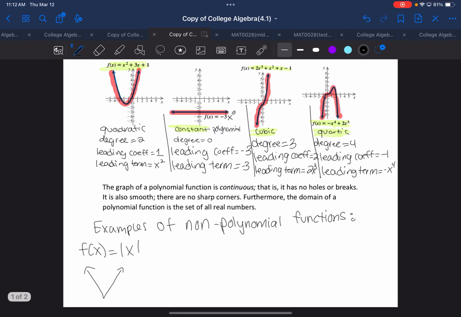A couple more examples of functions that are not polynomial functions. I mentioned this last time, but anything that has a variable in the denominator of a fraction is not a polynomial function. And that function looked like this, if you remember.